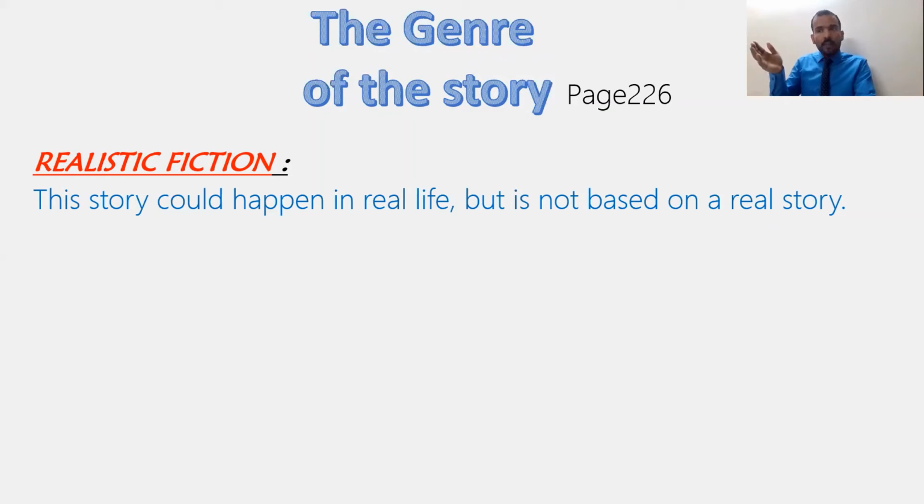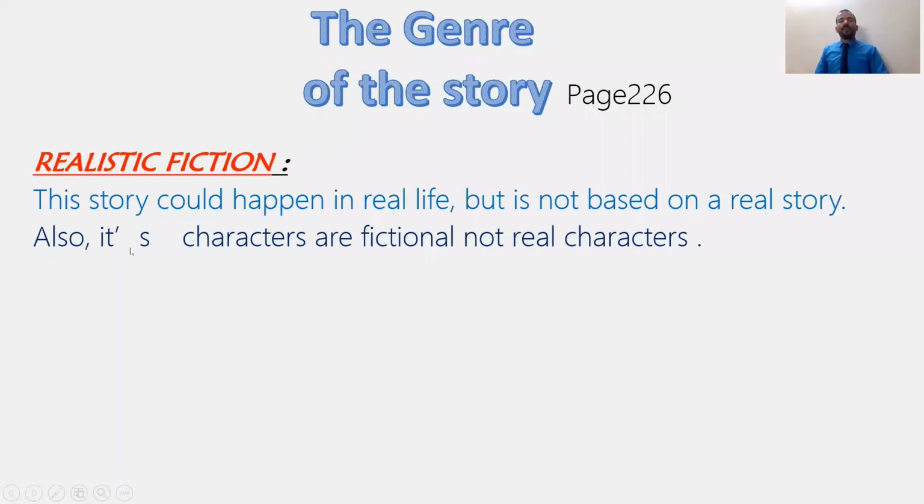It's not real, but it can happen to any one of us. It doesn't happen, but it could happen. And its characters are fictional. They are not real people, like Leila, our story's main character. She is not a real one.